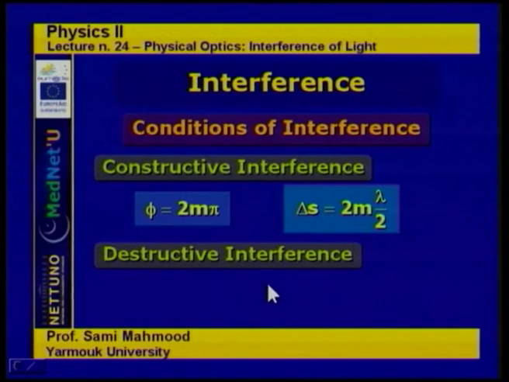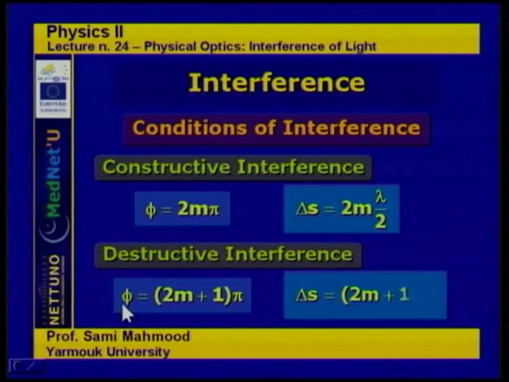And for destructive interference, the condition is that phi is an odd number of pi, which is the same as saying delta s, if the phase difference is arising from different optical path lengths traveled by the different rays, is equal to 2m plus 1, an odd number, of lambda over 2.